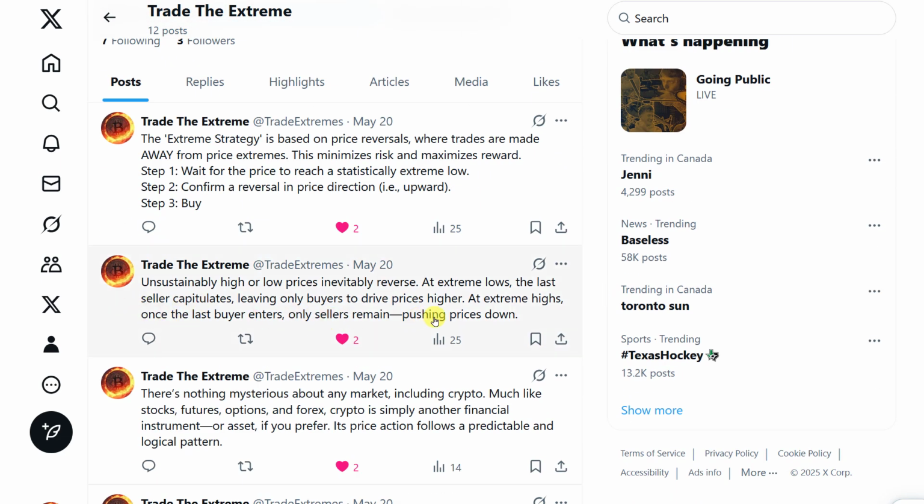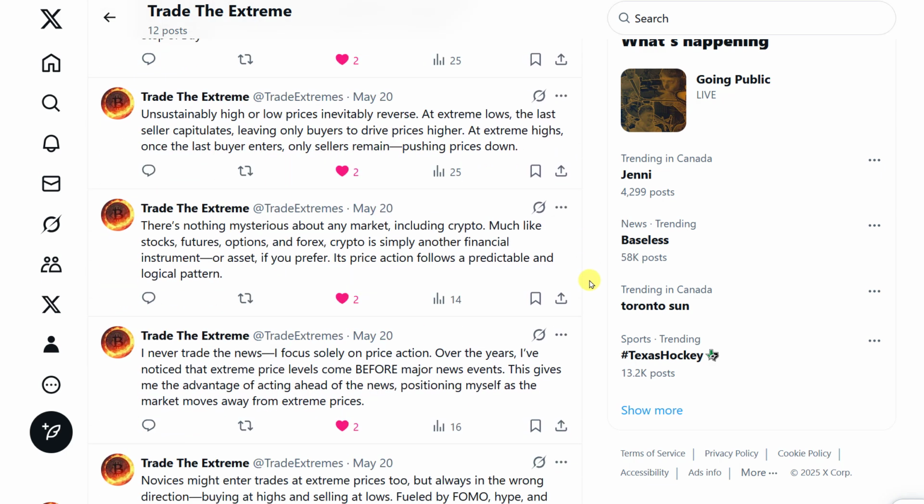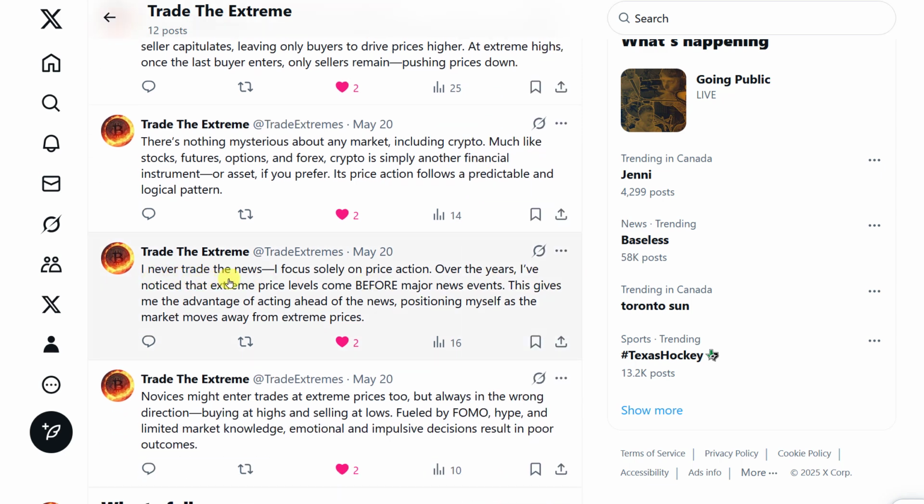Because I will mention things in here that I might not mention in a video. These are some of my random thoughts that are maybe too small to put into an entire video, but there's some important information here. For example, I mentioned that I never trade the news. I focus solely on price action because I've noticed that these extreme price levels always come before major news events, before news is released.